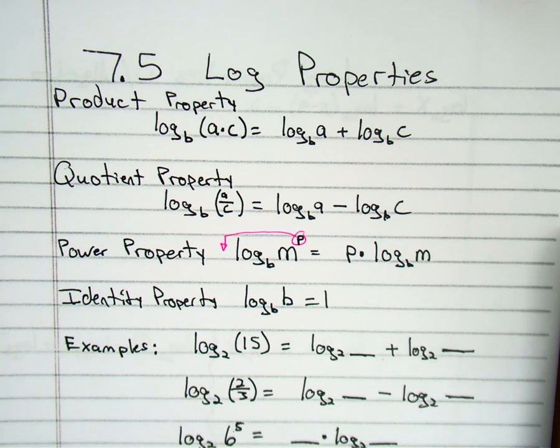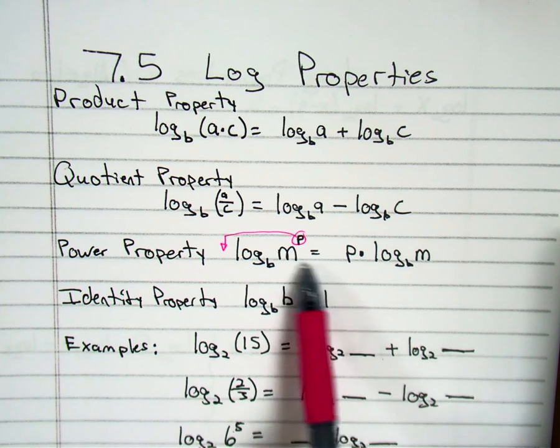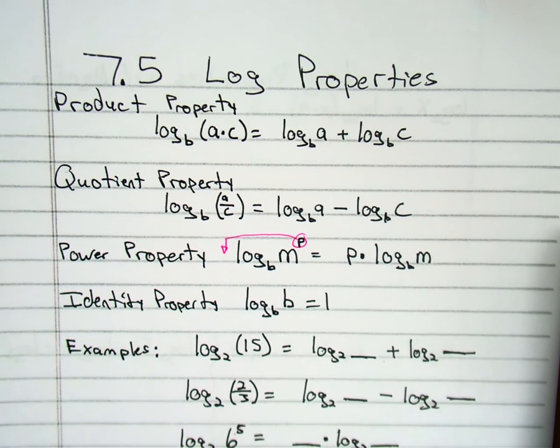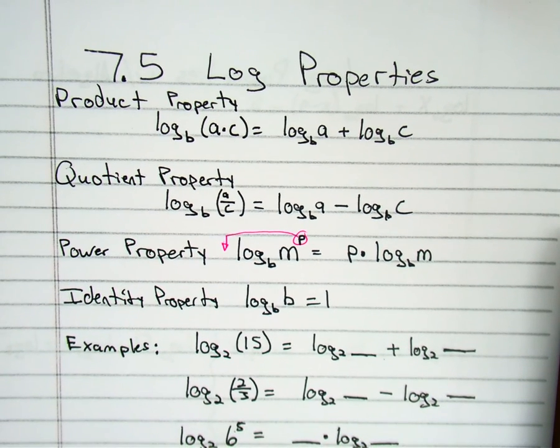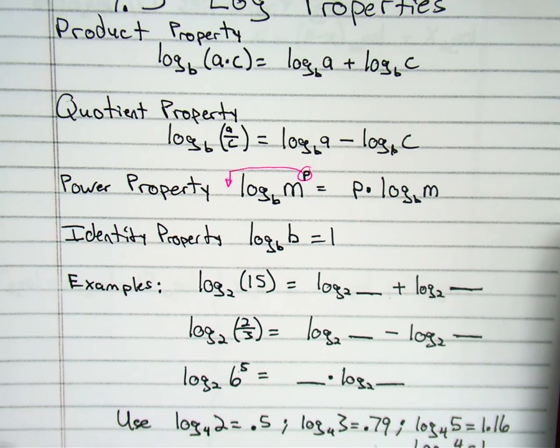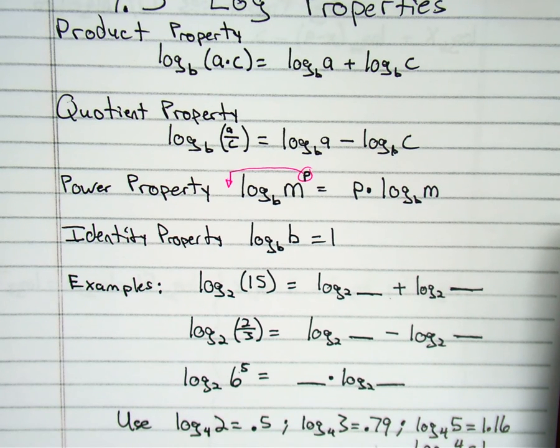That power of p slides down in front as a multiplier. And kind of a no-brainer one, the identity property, log base b of b equals 1. 1 is the power of b that gives you b. But that one kind of gets forgotten. Kids tend to overlook that one and miss some silly problems because of it.